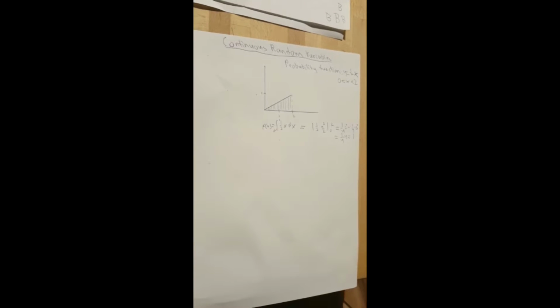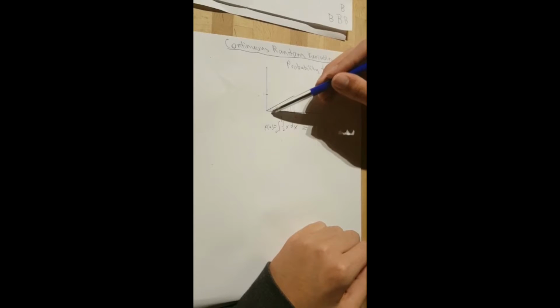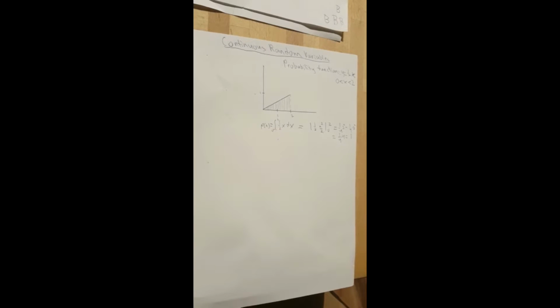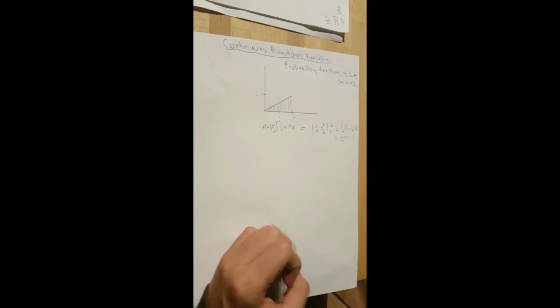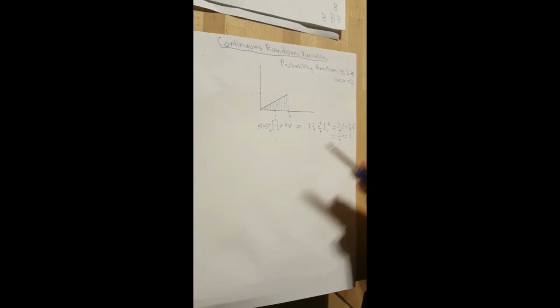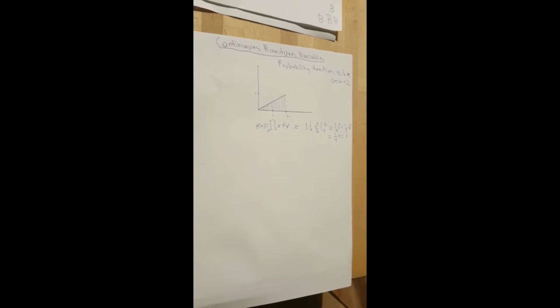Now you should think of the integral of this thing just as the sum of all the probabilities. And when you do that, you'll notice that the formula is very similar to the discrete random variable one. The formula for expectation of the discrete random variable was the sum of the x's times the probabilities.